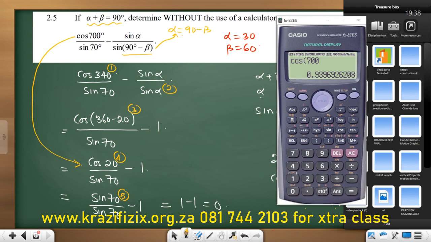Then you reverse the whole thing: shift, cos, answer. It gives me 20 and I'm done. I've skipped all those 340, 360 minus 20. I'll do it again. Cos 700 equals, shift, cos, answer, 20.